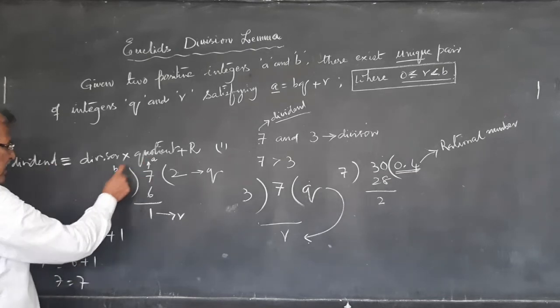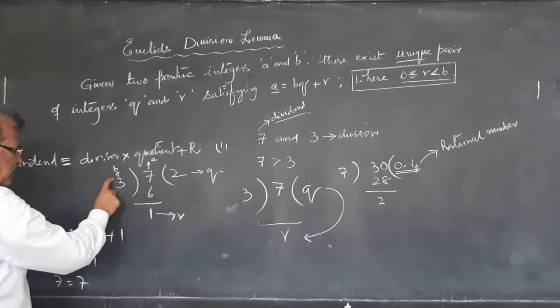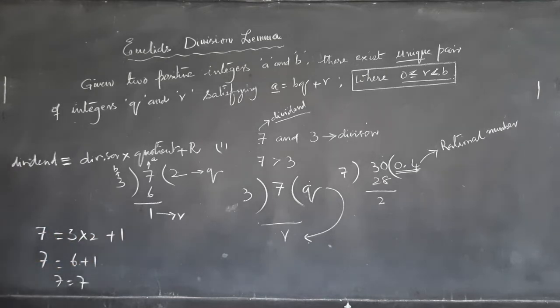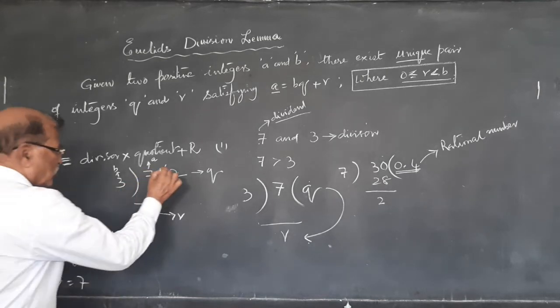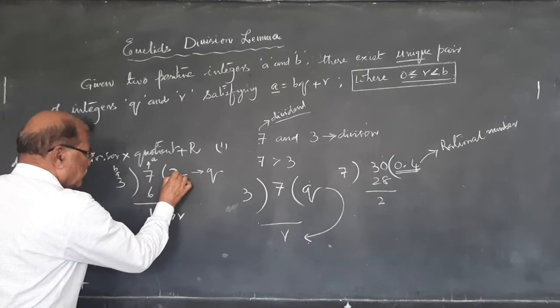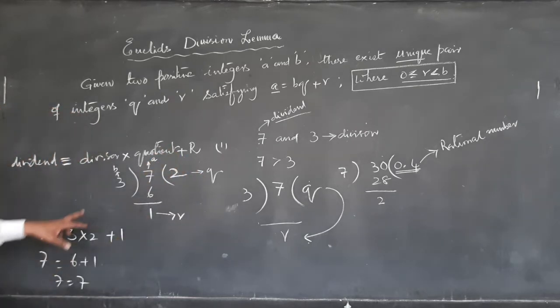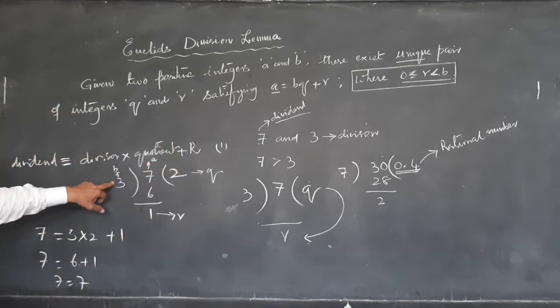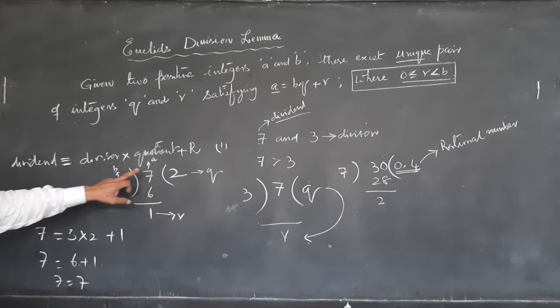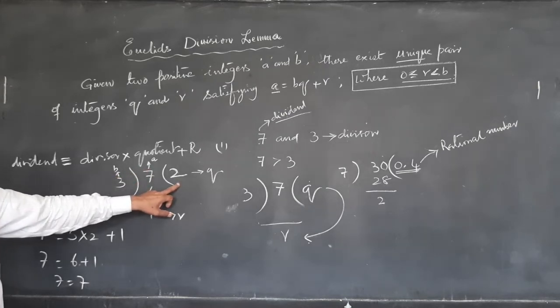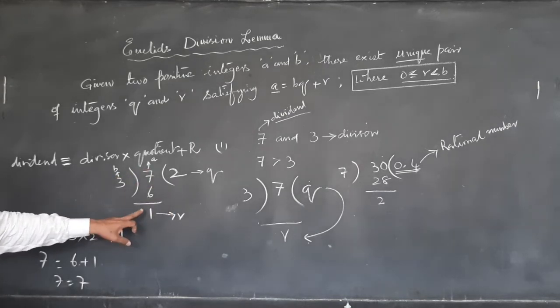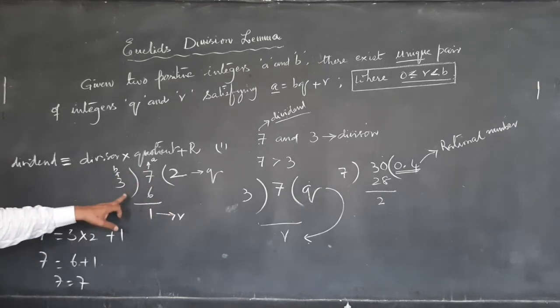When we compare A and B, A is greater than B. Okay, very good. Now the quotient Q must always be less than the divisor, and R is also less than the divisor.